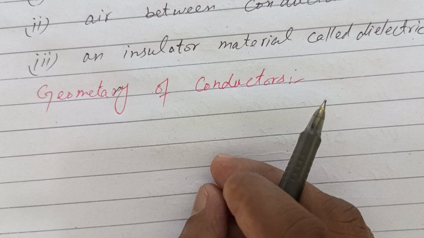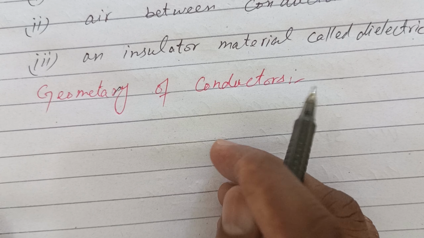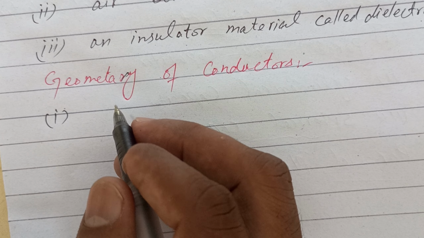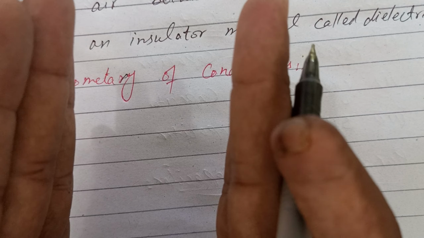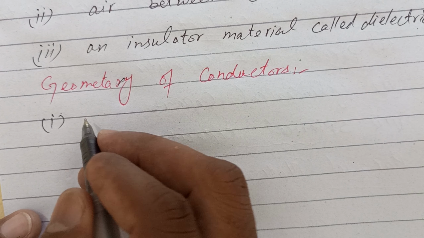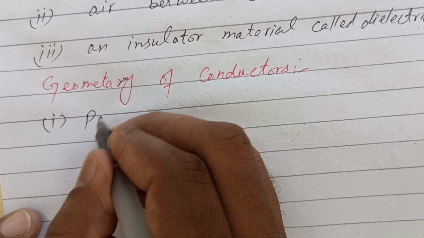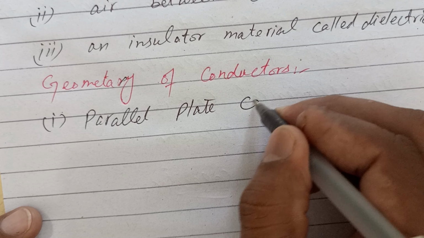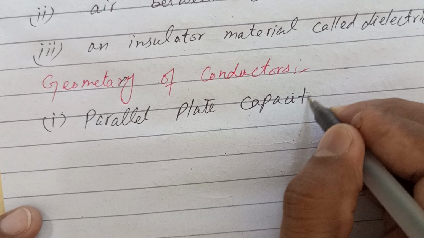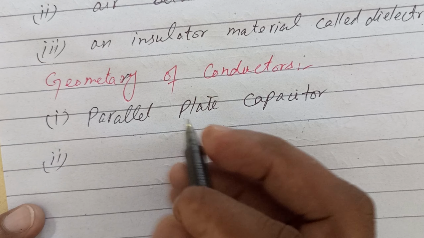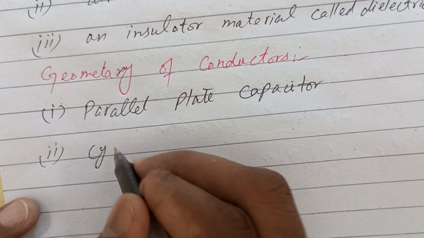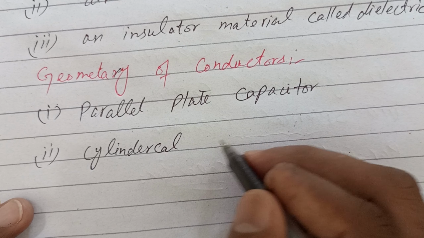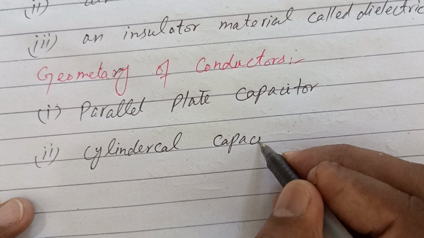We can make different types of capacitors. If the conductors are in the form of plates and the plates are parallel to each other, then we name the capacitor as a parallel plate capacitor. And if the conductors are in the form of cylinder, we name the capacitor as a cylindrical capacitor.